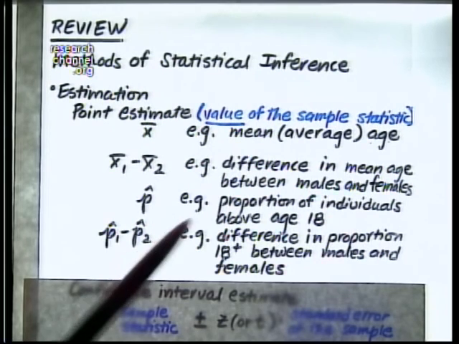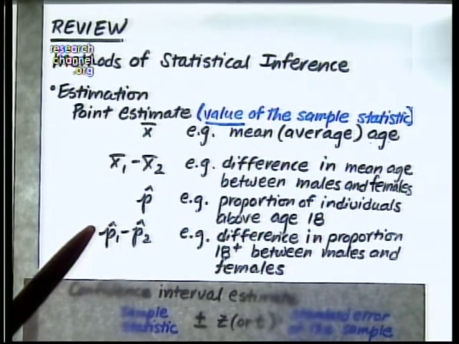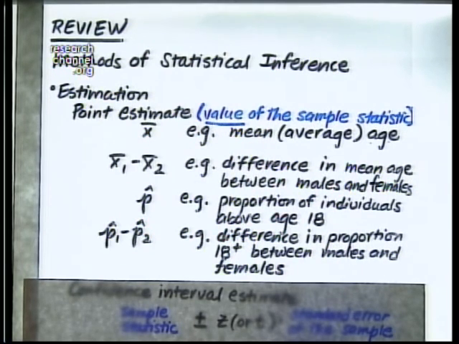For instance, if I was interested in the proportion of individuals that were above age 18, because 18 was a threshold that had been shown in previous studies, I could look at the proportion of individuals above age 18. That's now a binary variable because the person is either less than age 18 or above or equal to age 18.